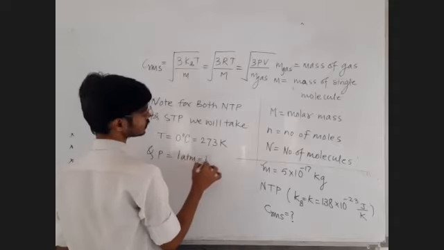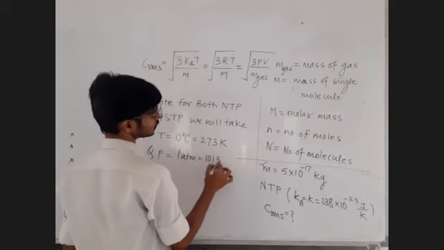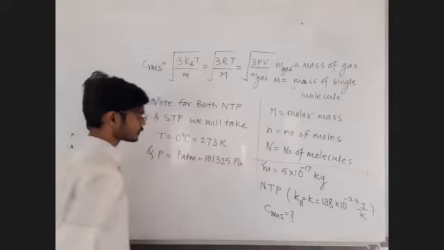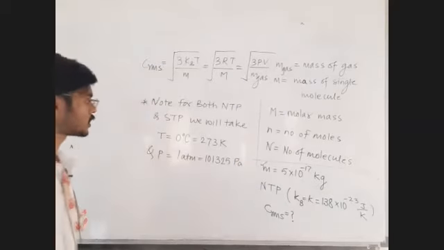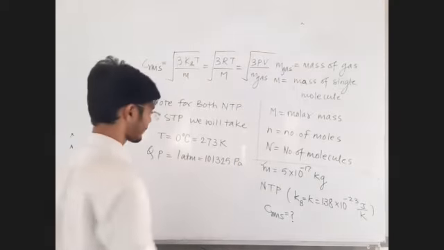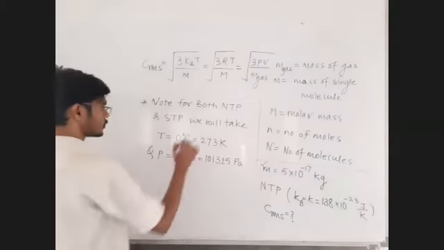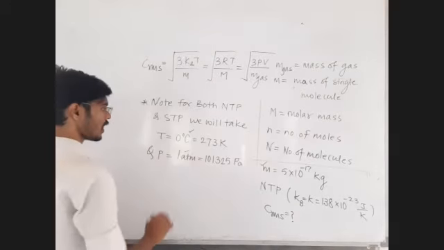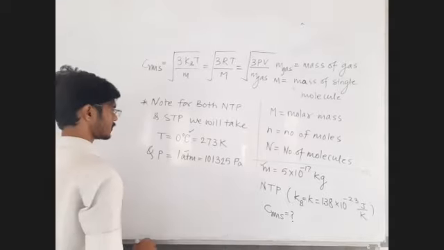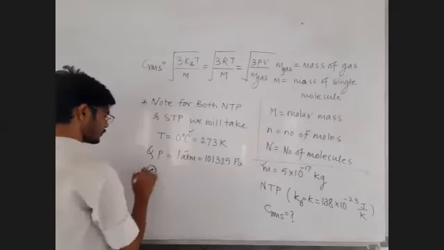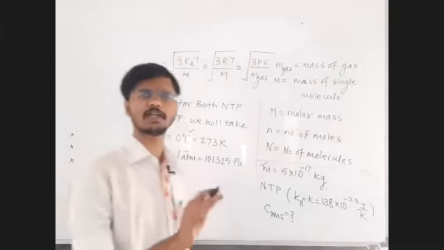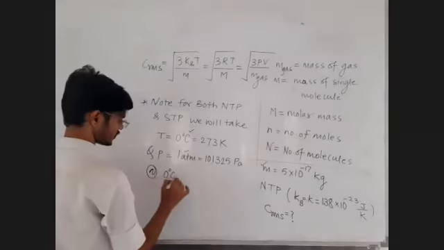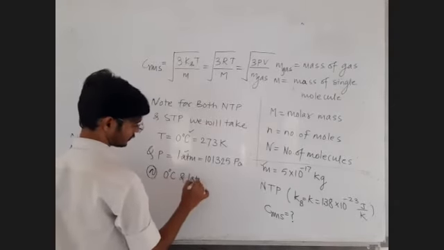1 atm is what? 101,325 Pascal. Am I right? Okay, so just remember this and this. Now I will not be saying NTP or STP. I will be saying at 0 degrees Celsius and 1 atm.